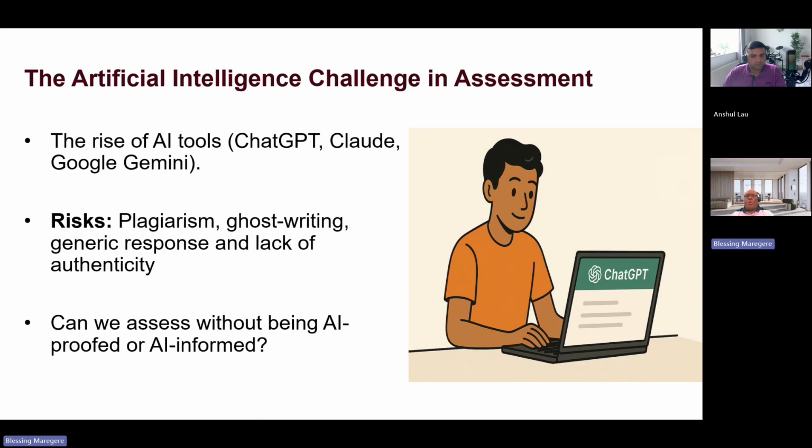Okay, so we are now teaching and assessing in a world where artificial intelligence, such as ChatGPT, is increasingly being integrated in teaching, learning, and assessment in a positive way. But there are also challenges, and in a negative way, the platform is being misused by students in their work.